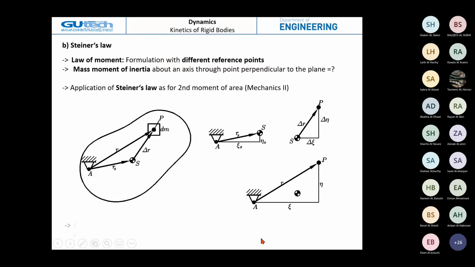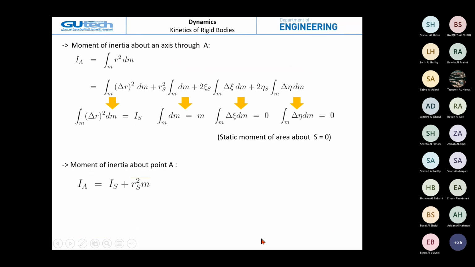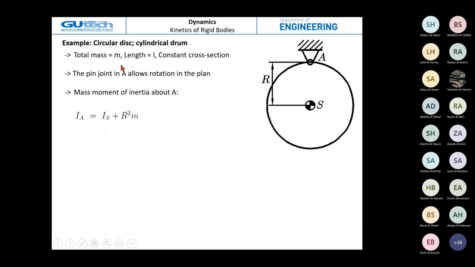Now, coming to the example, we have the total mass M with the length L and constant cross section. The pin joint here in A allows rotation in the plane. For the mass moment of inertia about A, we use the equation at the center weight plus the Steiner part.